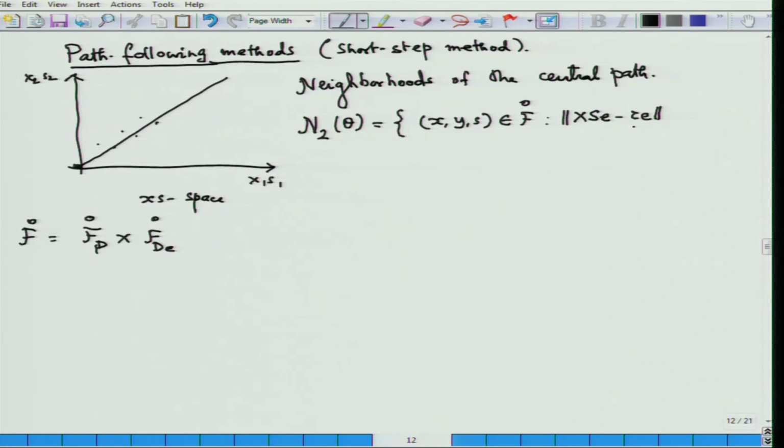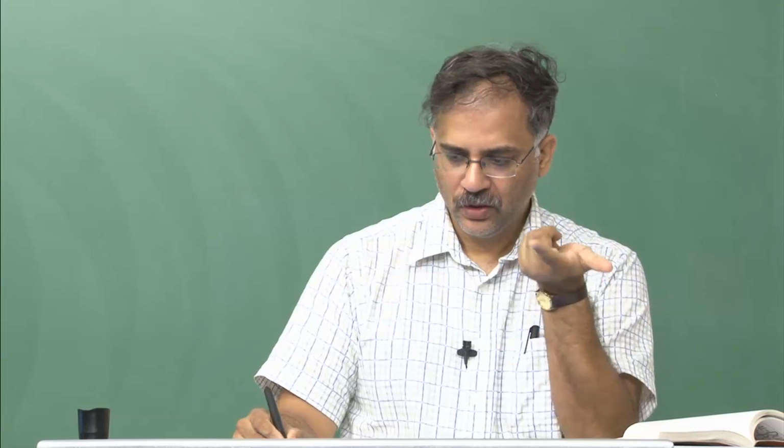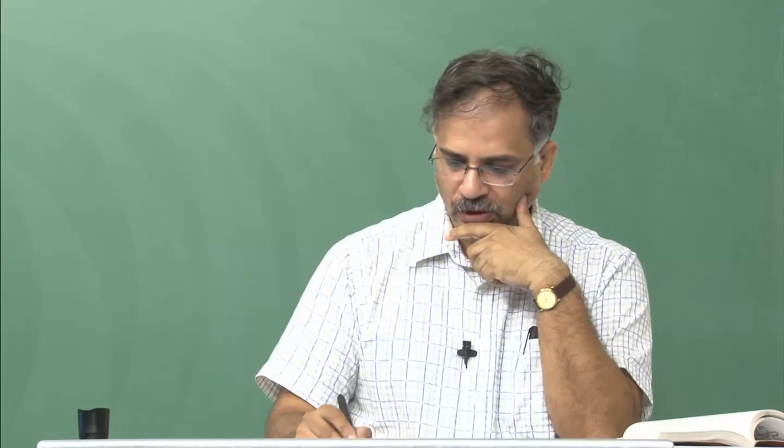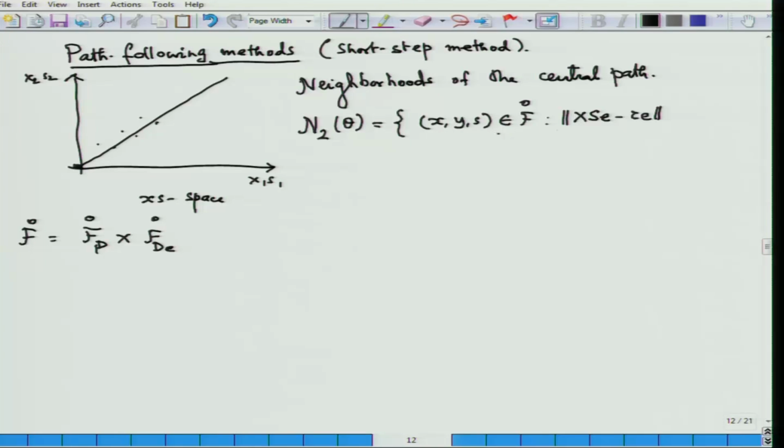Once you know the duality measure at a particular point, find all such points which are of this form, where tau is the duality measure, that is x inner product s divided by n. This has to be bounded by theta times tau, where e is obviously the vector of ones, 1 1 1 1. So, theta is a quantity which could be 0, but cannot become 1.